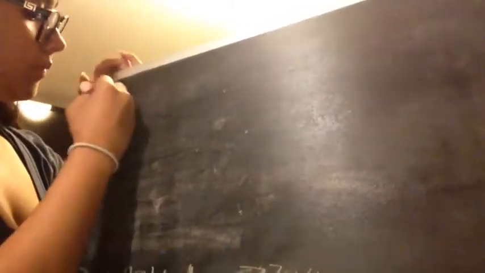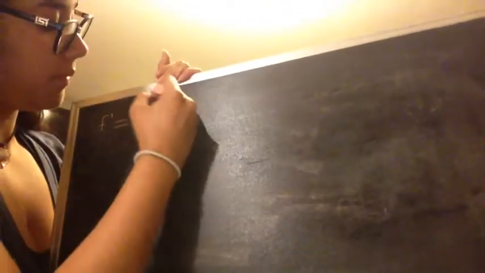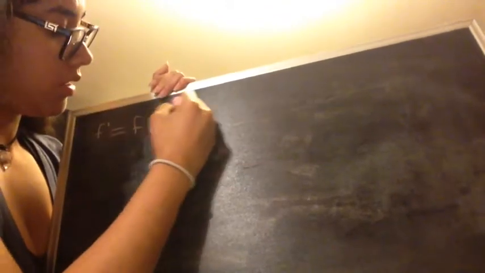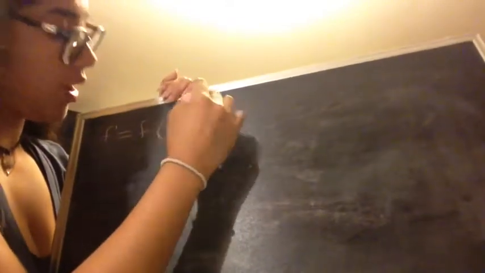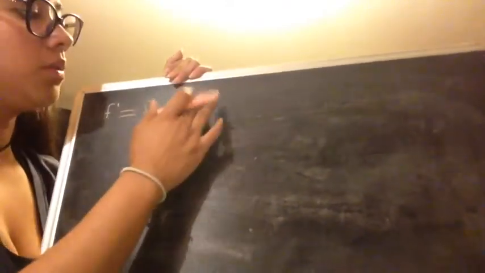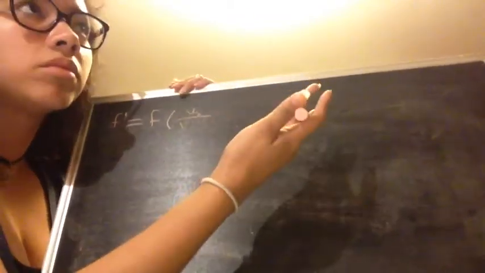The observed frequency equals the source frequency times the velocity of sound, and as you are not moving, we don't need the velocity of the observer, as it is 0, so we're not going to add or subtract it; we just ignore it because it is 0.